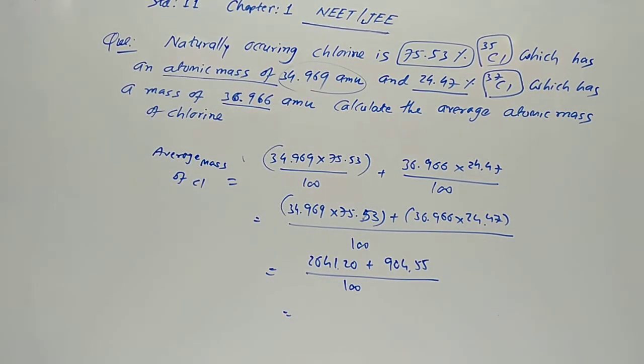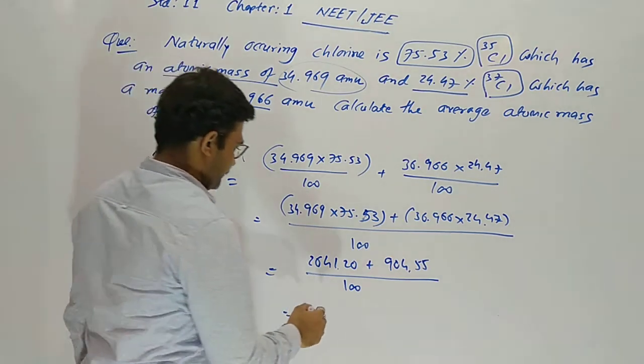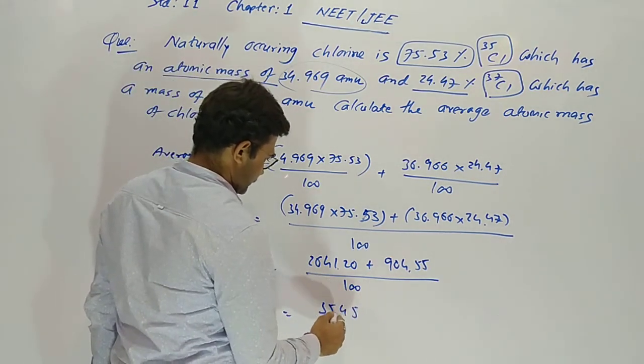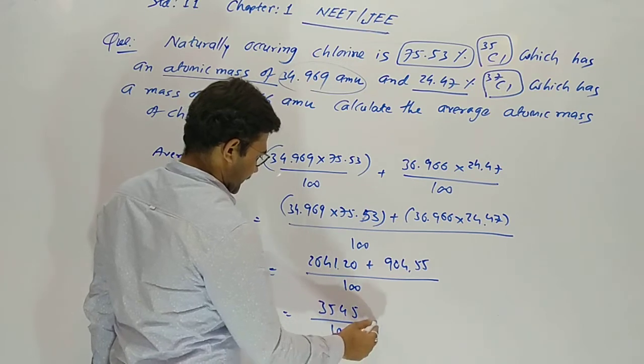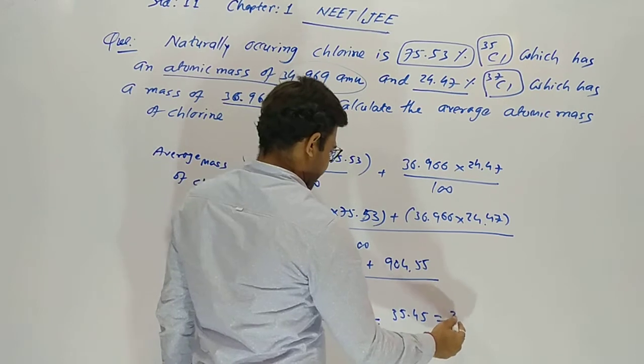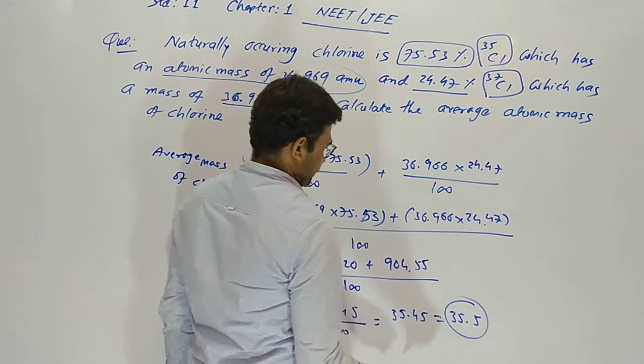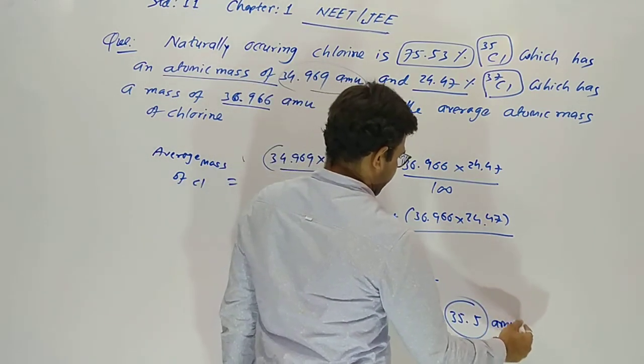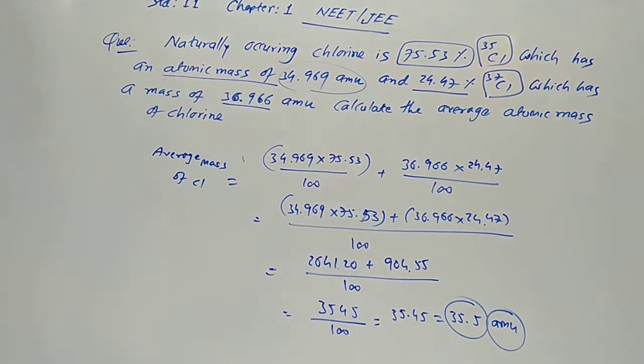So 904.55 plus 2641.20 gives 3545, divided by 100, so 35.45. When we round the value, 35.5 is the average atomic mass of chlorine. This is our real answer. 35.5 is the true answer.